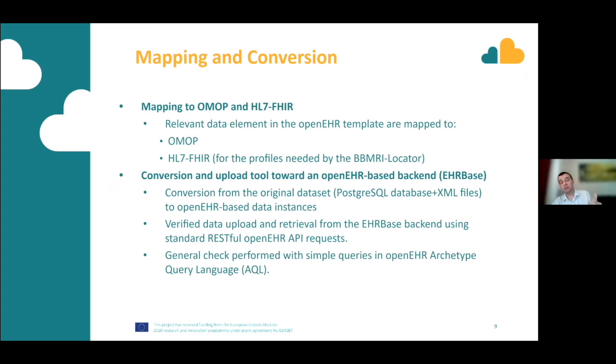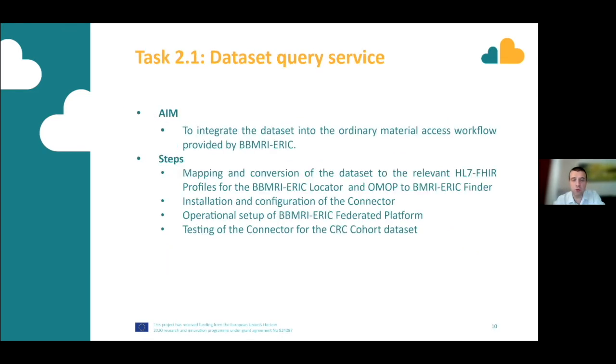And eventually, once this was mapped, we also did the mapping to the OMOP and HL7 FHIR, where some of the data elements are so custom that they don't have direct counterparts in well-established HL7 FHIR profiles nor in OMOP. So only those parts that were applicable were converted. And we have built a tool for the OpenEHR-based backend conversion for this.